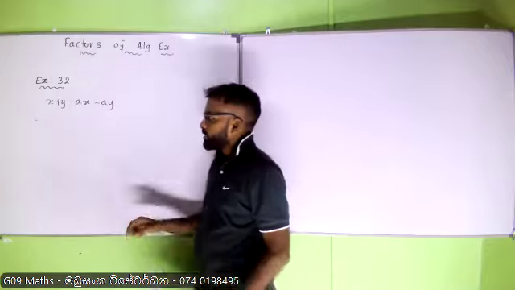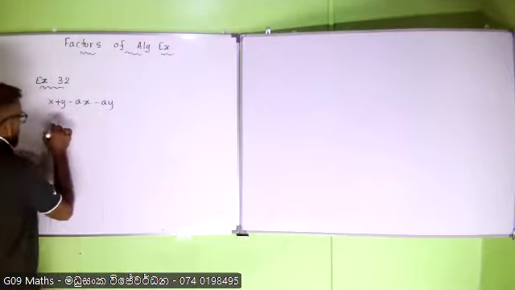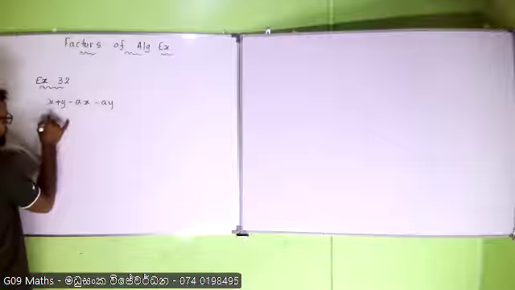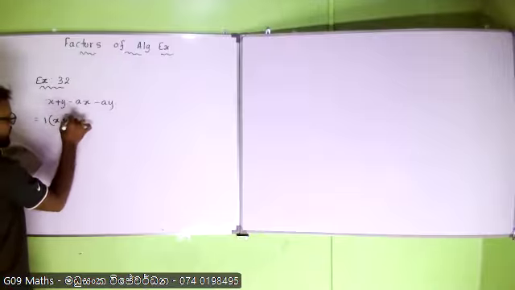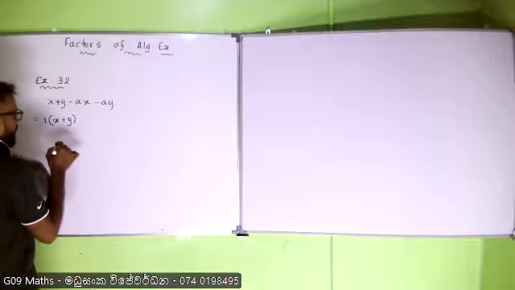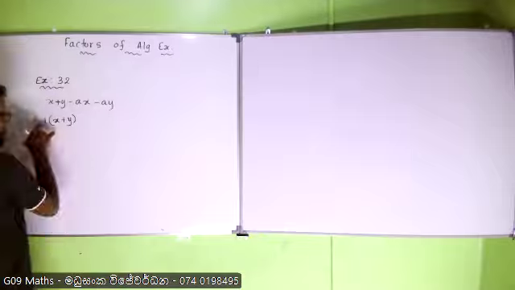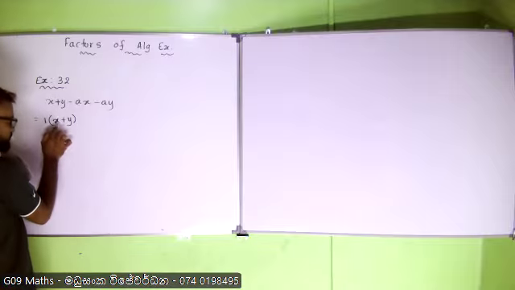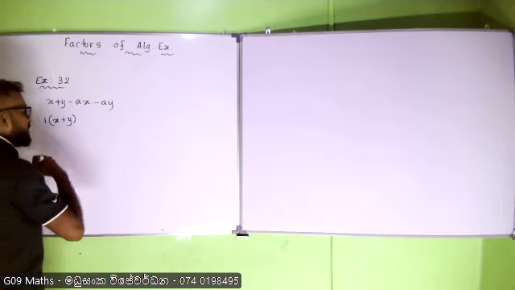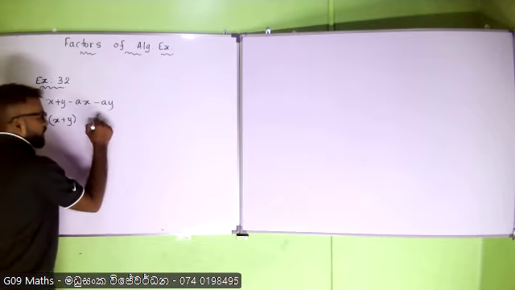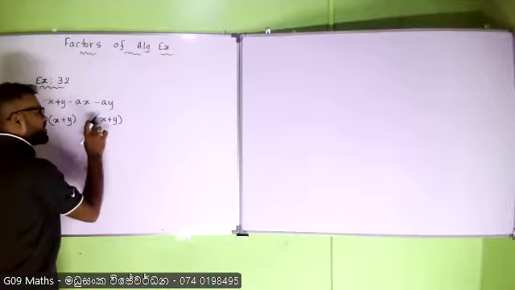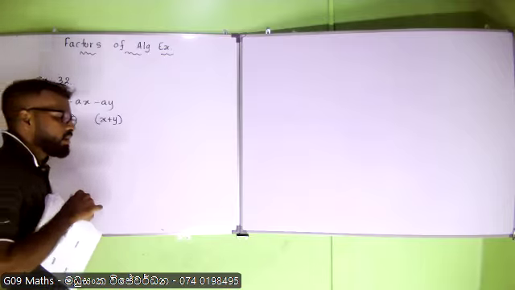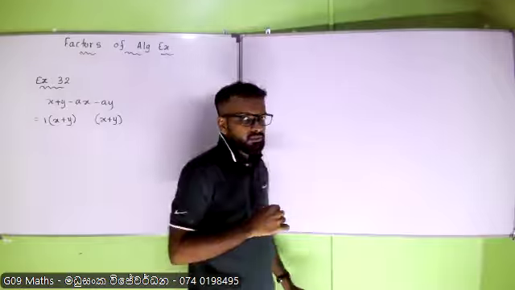I am going to take positive 1 out from x plus y. Nothing will change because we are taking positive 1. So if we take positive 1 here, we have x plus y inside the brackets. We need to make x plus y here as well.